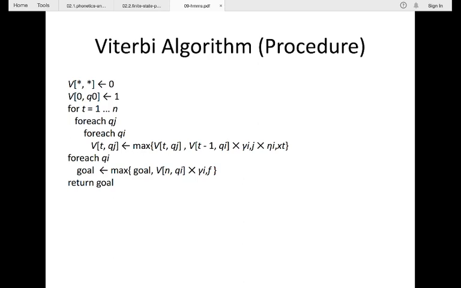And we're going to try to find the cell with the maximum value, where that cell multiplied by the transition probability to the final state is highest. And that's what we return.